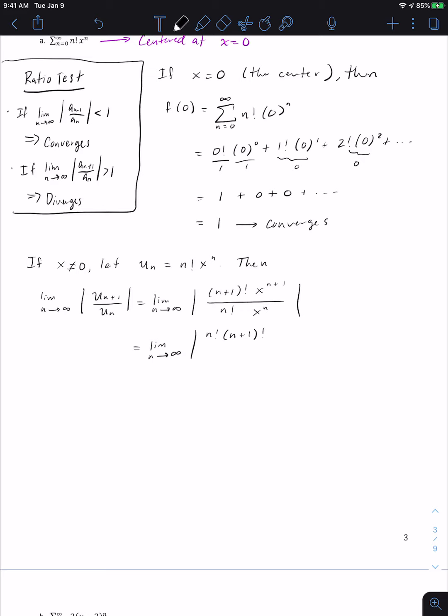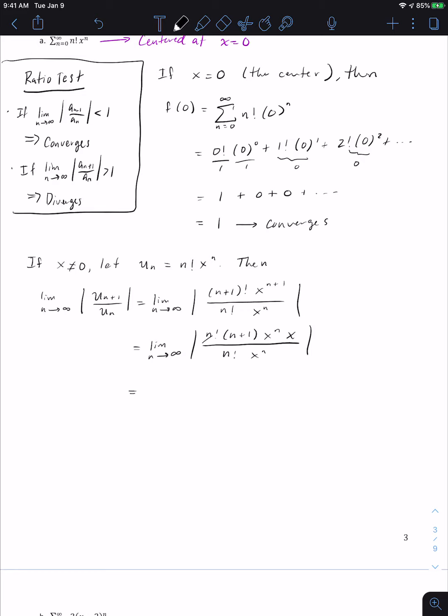And then x to the n plus 1 can be written as x to the n times x, because if I'm multiplying two things, then I add their exponents. If I add n and the first power, I get n plus 1, and we're back where we started. And then I get n factorial times x to the n in the denominator.